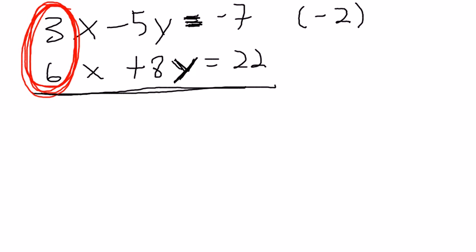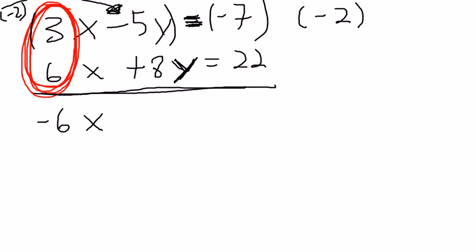So what I'm going to do is multiply by negative 2 on both sides. And let's see where that takes us. So what's negative 2 times 3x? It's negative 6x. Now, this is very important. I don't just multiply with 3x. I also multiply with this negative 5y right here. Very important. Distributive property.